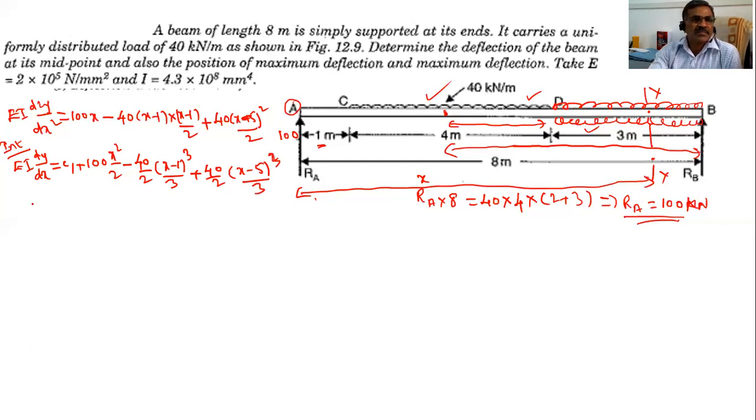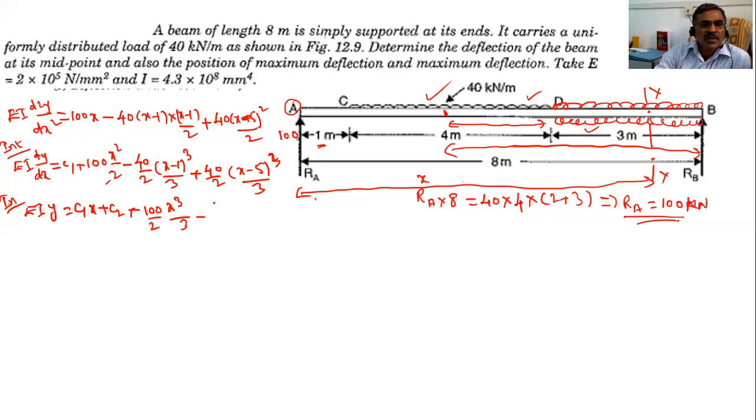So this is the first integration. Integrate again, and you will get EI into y is equal to c1 x plus another constant c2, plus 100 x cube by 3, minus 40 by 6 x minus 1 power 4 by 4, plus 40 by 6 x minus 5 the whole power 4.